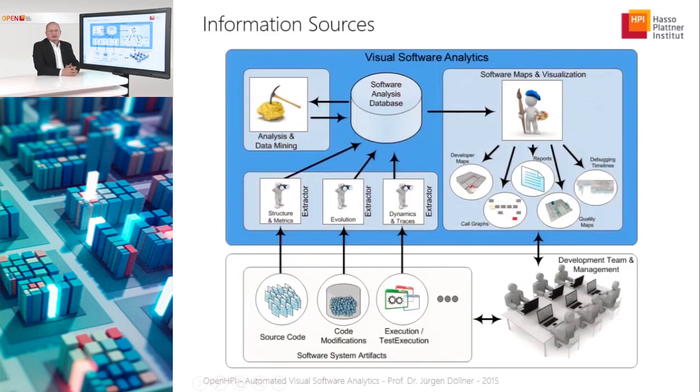Let's have a look at the general way information sources are used. Which are these sources? In this depiction, you see different software system artifacts, for example, the source code or code modifications. Typically, this is stored in, for example, a version control system, whereas data about execution or tests or even bugs are stored in similar software repositories, for example, bug repositories or bug tracking systems.